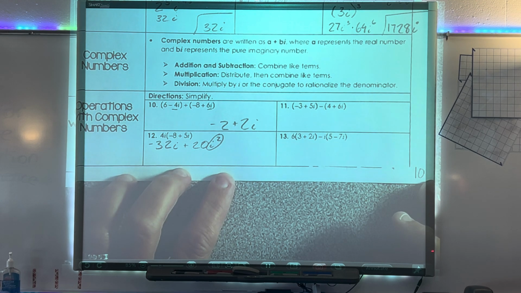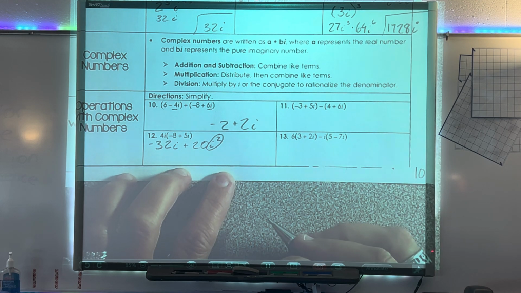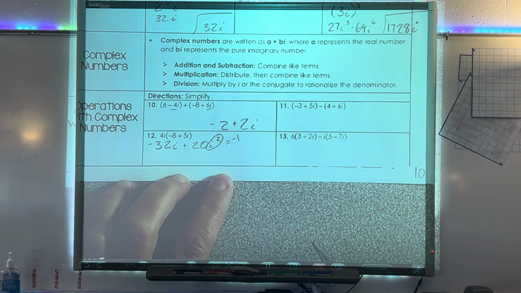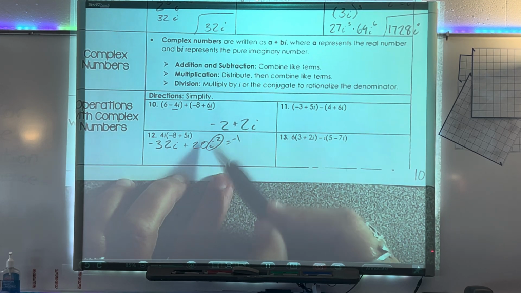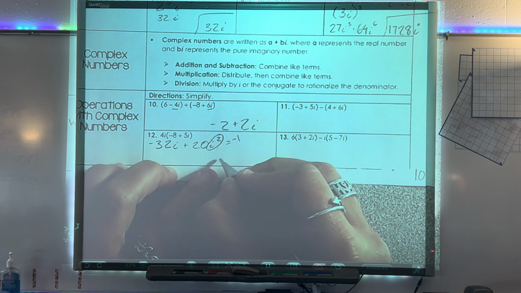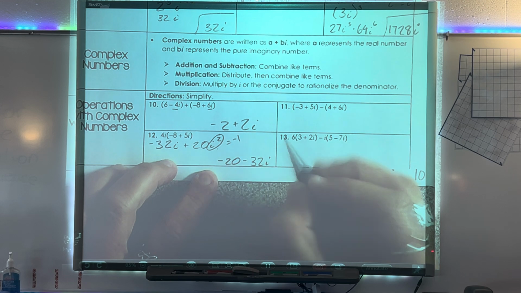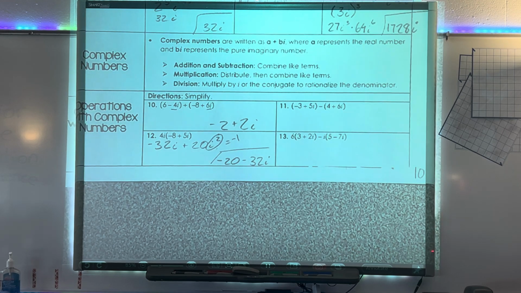We always have to get rid of that power. i squared has a value of -1 from up above. So this is going to end up being -20. Does that make sense? So I'm going to write my -20 first, and then minus 32i. If I have a single i I can leave it, but I cannot leave an i squared in my answer. Everybody okay there?